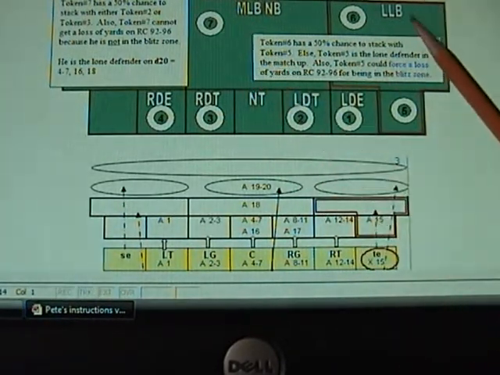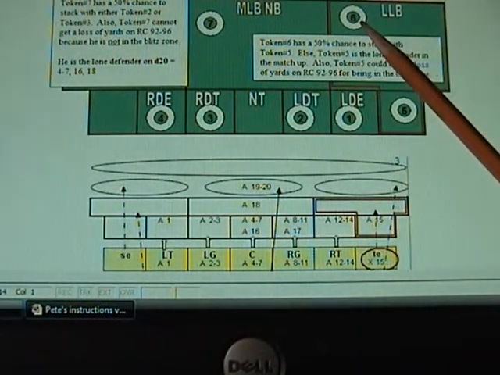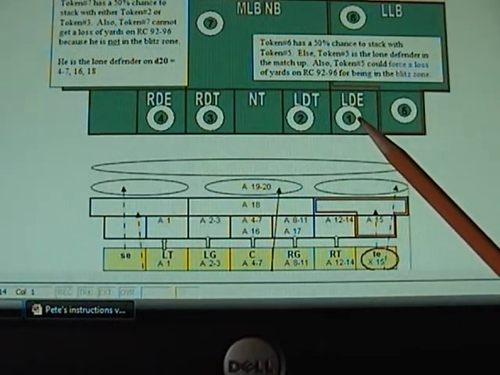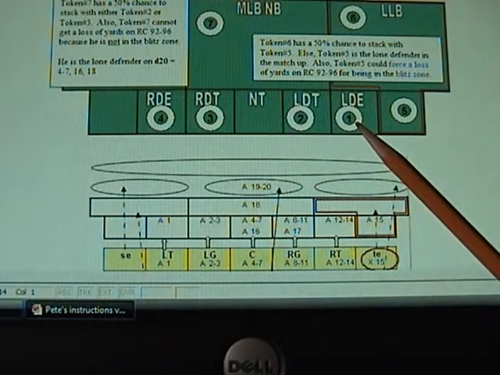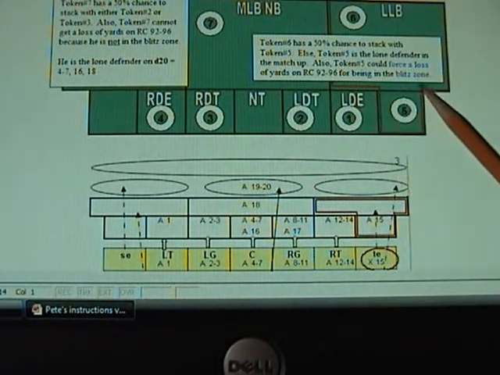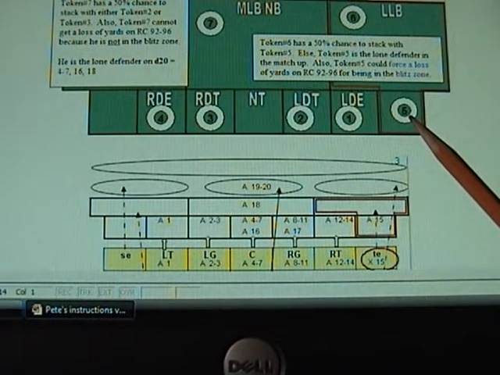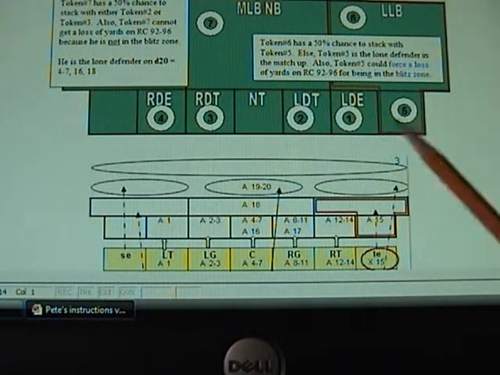And then over here we have left or middle linebacker number 6, who is shifted over, and in this case he has a 50% chance randomly of stacking with the left defensive end, as well as a 50% chance of stacking with the blitzing left linebacker.